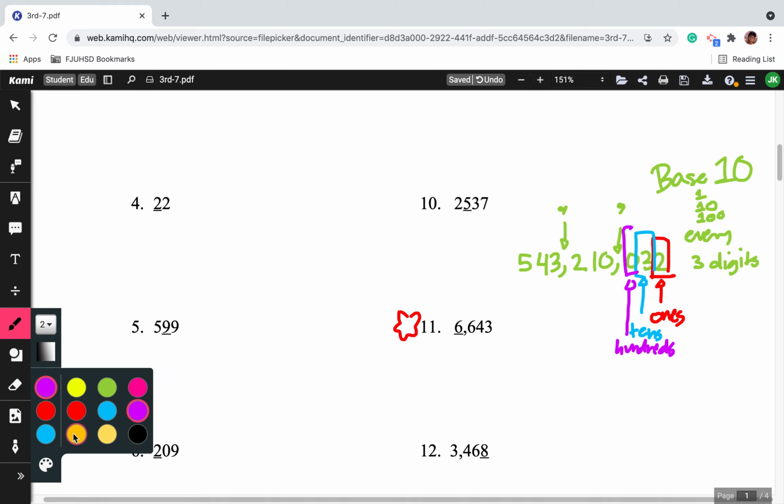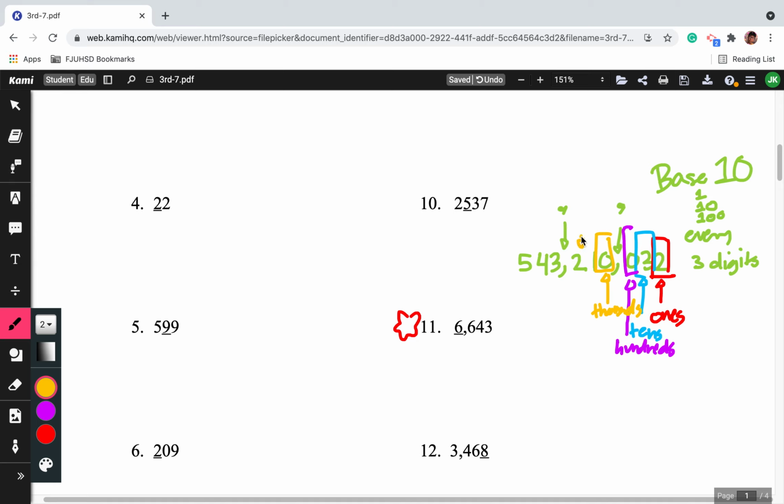And then let's use orange. Once the comma splits, this is going to be called the thousands. And then from now on, it's going to be called the 10,000s. That one over there. And the one after that is going to be called the 100,000s.